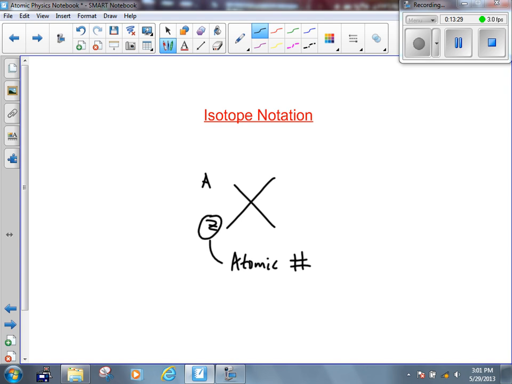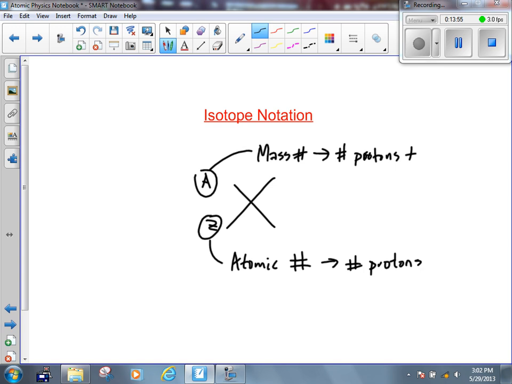So you can always tell how many protons a particular atom has by looking at its atomic number. A, on the other hand, the number in the top left-hand corner, will stand for the mass number. The mass number is the number of protons and the number of neutrons together.